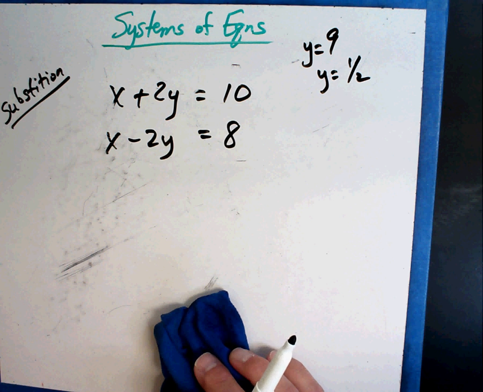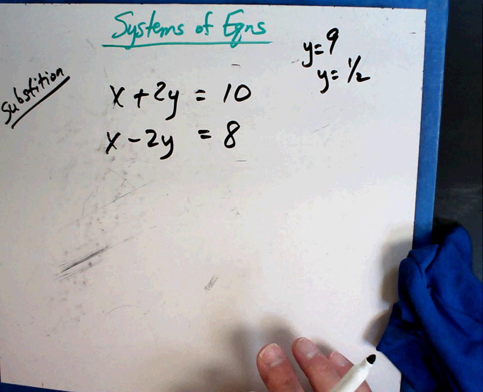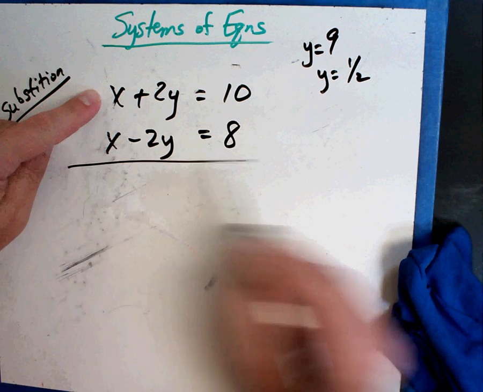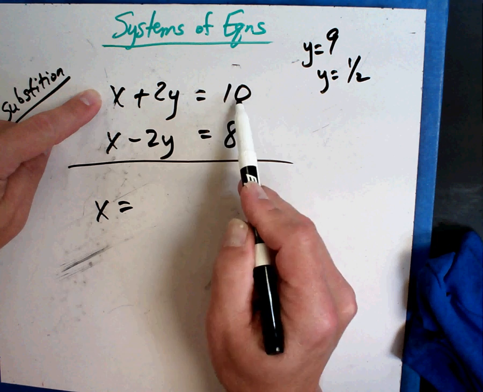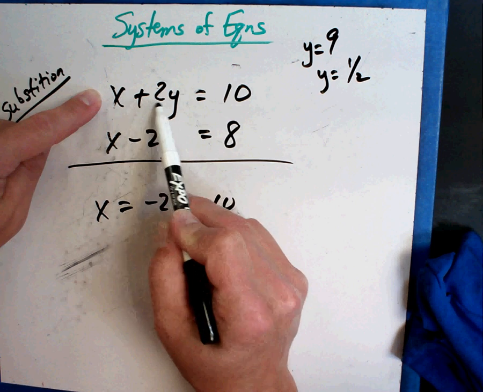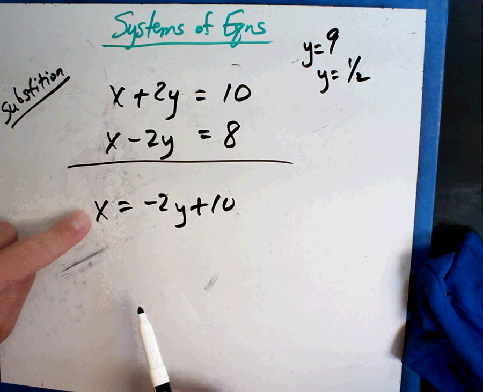We're going to take one of the equations and solve it. Let's just take the first one. So x equals, if I move this to the other side, I get minus 2y plus 10. All I did was move the plus 2y to the other side. So I solved the first equation for x.